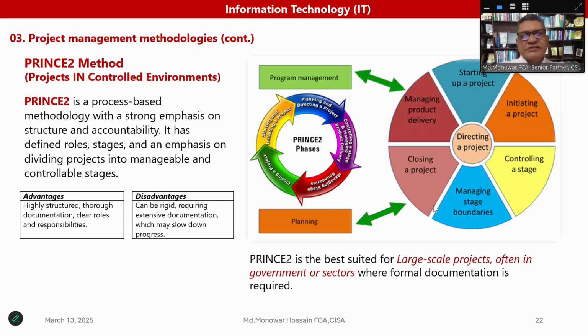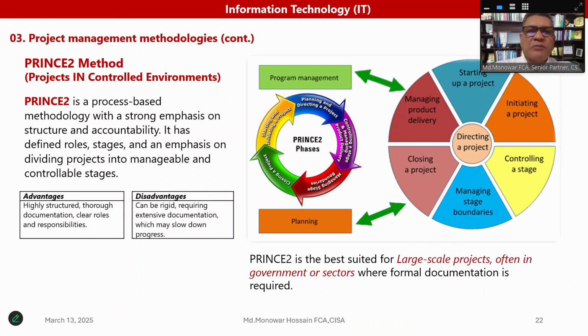Each and every project is segregated into defined stages, and those stages work separately through highly structured documentation, clear roles and responsibilities, because for that type of project, such as a government project, documentation is a very important requirement. Prince2 ensures that requirement documentation is preserved or built.